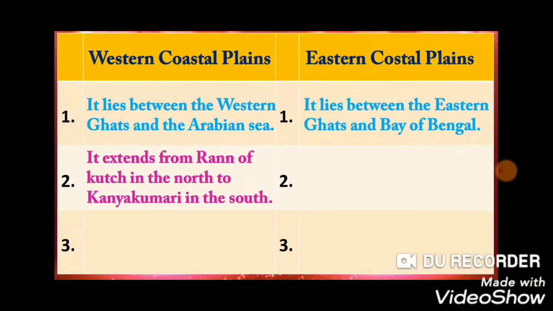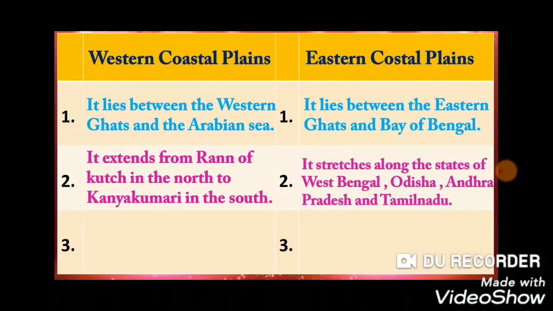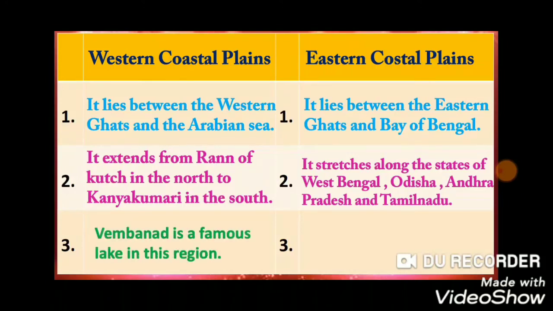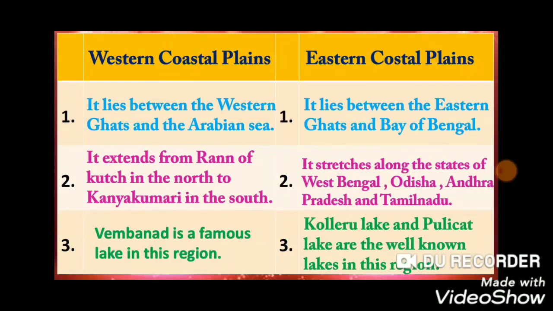It extends from Rann of Kutch in the north to Kanyakumari in the south. It stretches along the states of West Bengal, Odisha, Andhra Pradesh and Tamil Nadu. Vembanad is a famous lake in this region. Kolleru Lake and Pulikat Lake are the well-known lakes in this region.